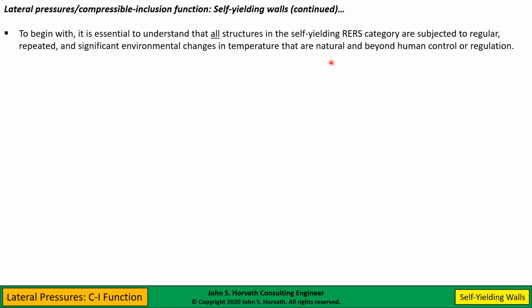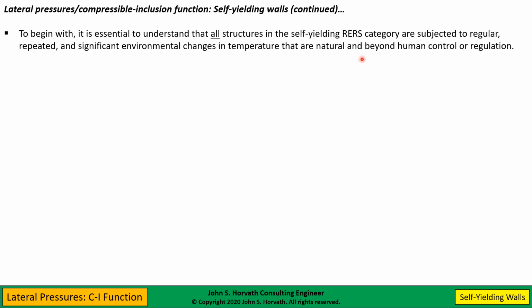Well, to begin with, it's worth repeating that it's essential to understand that all structures in the self-yielding rigid earth retaining structure category are subjected to regular, repeated, significant environmental changes in temperature. And these changes are natural and therefore beyond human control or regulation. And I'm emphasizing that because I think sometimes as civil engineers we tend to forget that we make some change to a system.